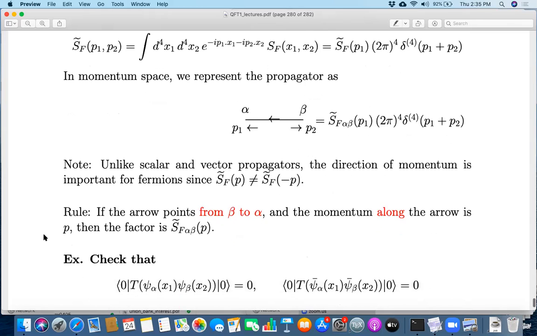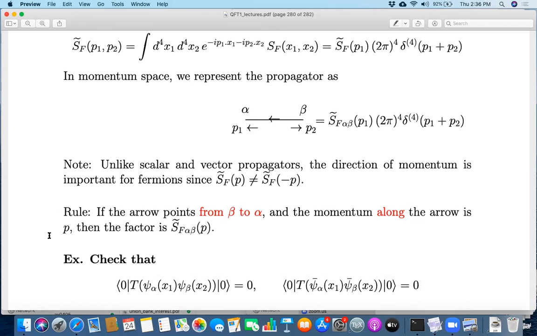So again, let me state the rule. If the arrow points from beta to alpha, let's imagine that you have a line like this, with the arrow pointing from beta to alpha, then we look at the momentum along the arrow. In this case that is P1, or minus P2. P2 is opposite the arrow, P1 is along the arrow. So the momentum along the arrow is P1.